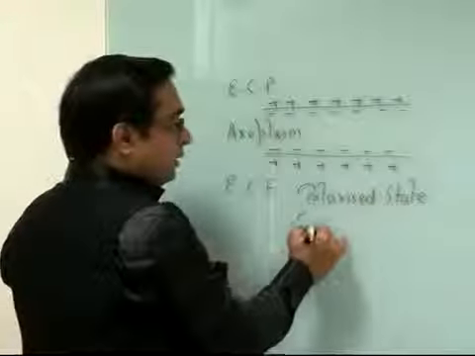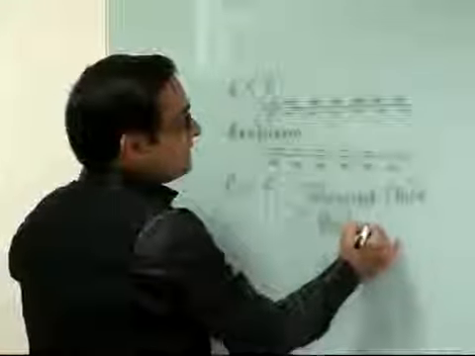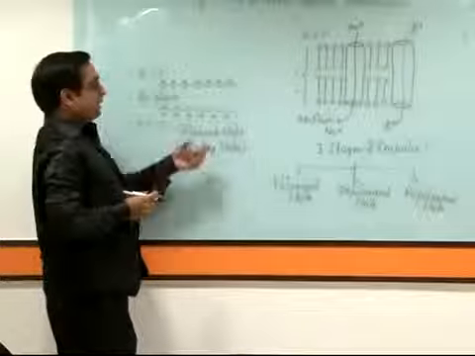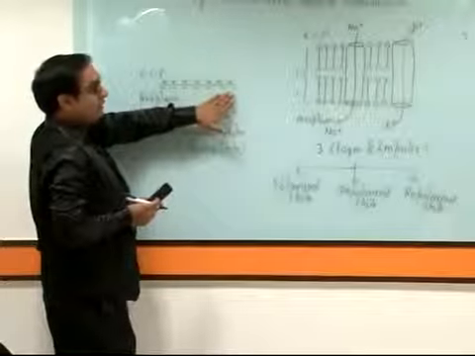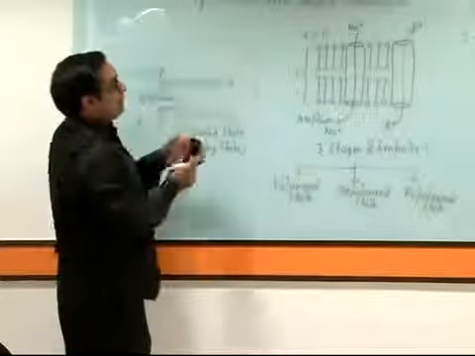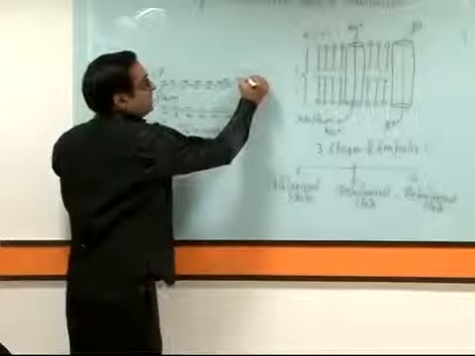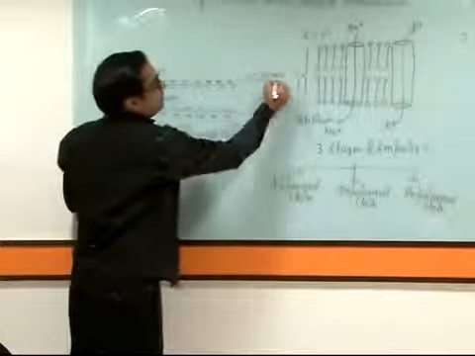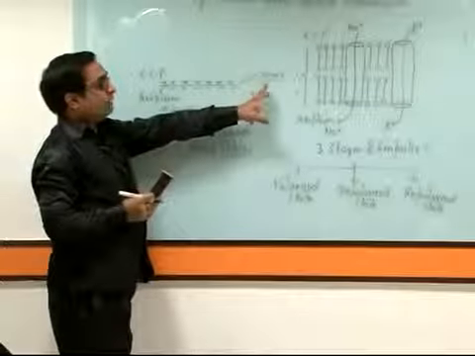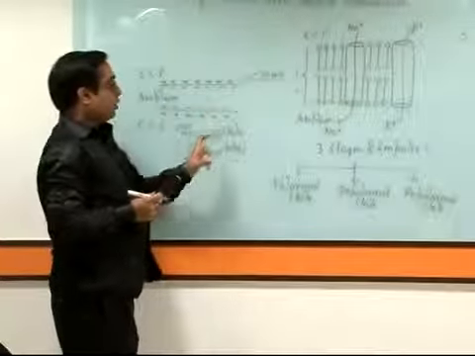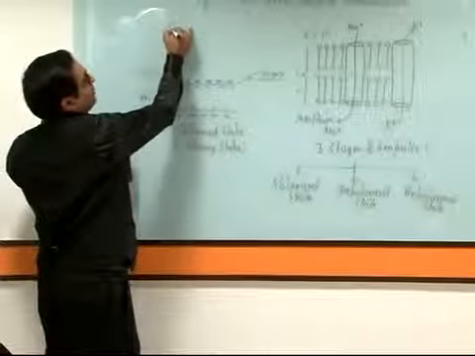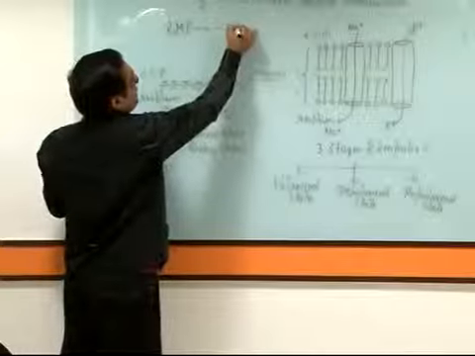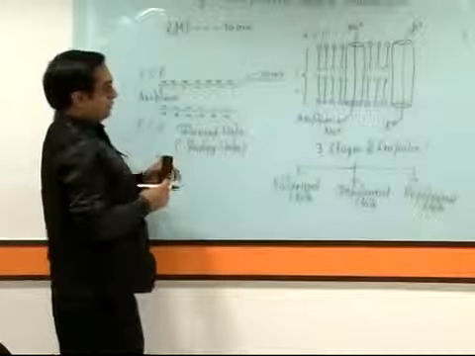It is also called the normal resting stage or the state of neuron. Outside positive, inside negative. If you connect sensitive microelectrodes, we find there is a transmembrane potential of minus 70 millivolts. This is called resting membrane potential or transmembrane potential. So the value of RMP or resting membrane potential is minus 70 millivolts.